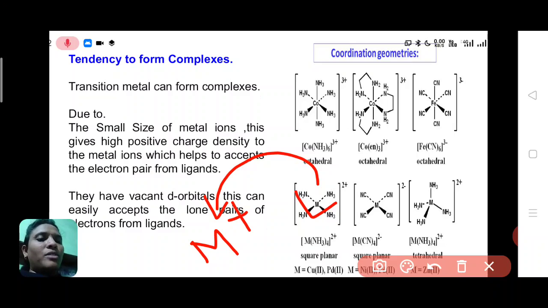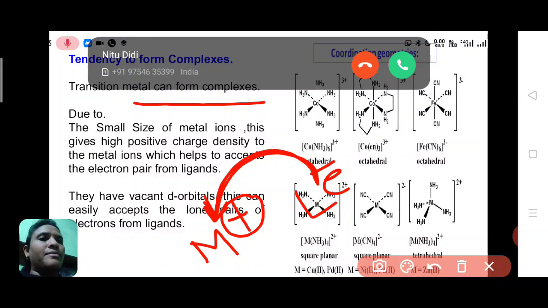The ligands, which have electron pairs, are attracted easily by the metal ion. Therefore these ligands can donate their electrons very easily, and hence these transition metals can form complexes very easily with other ligands.